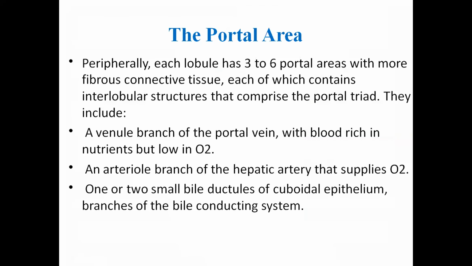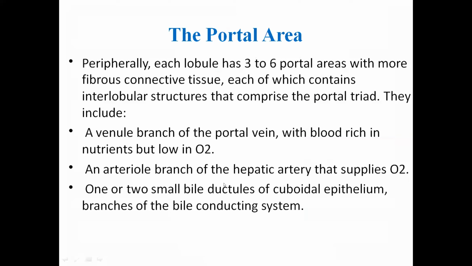So the portal area, peripherally, each lobule has 3 to 6 portal areas with more fibrous connective tissue, each of which comprises a portal triad, which consists of a branch of the portal vein, a branch of the hepatic artery, and one or two small bile ductules.